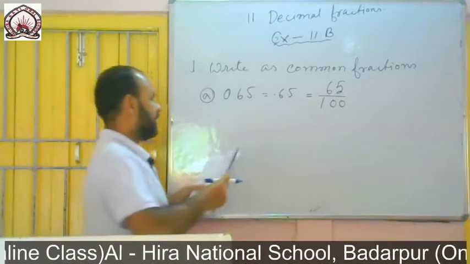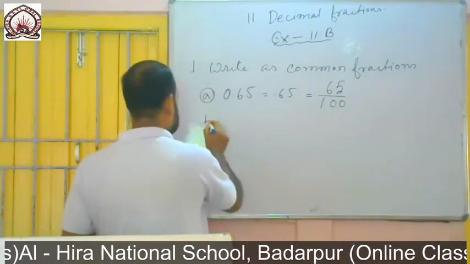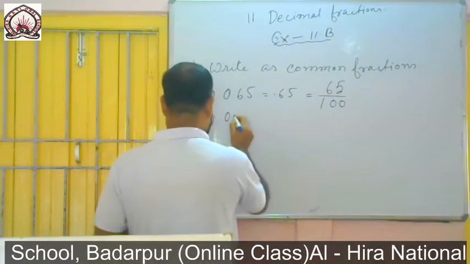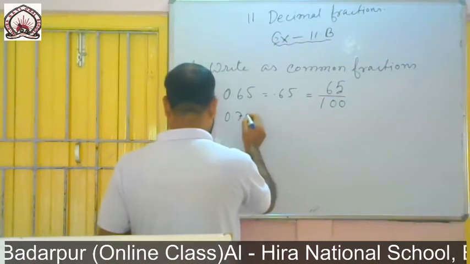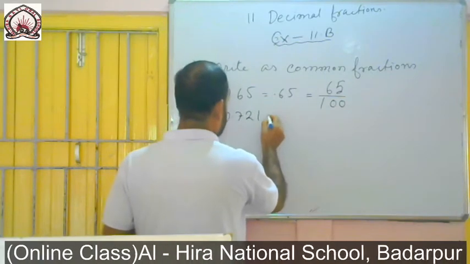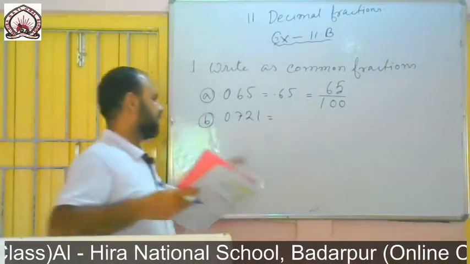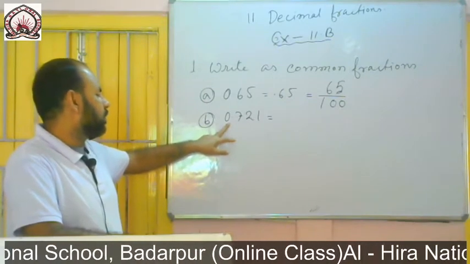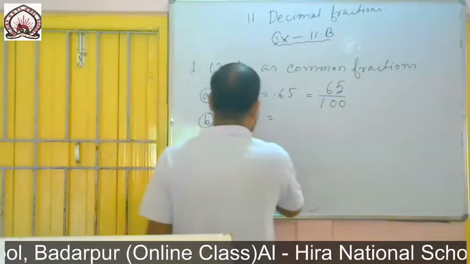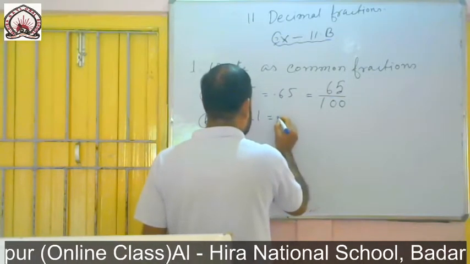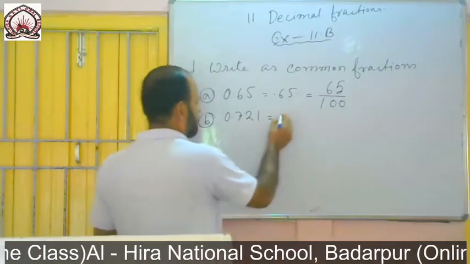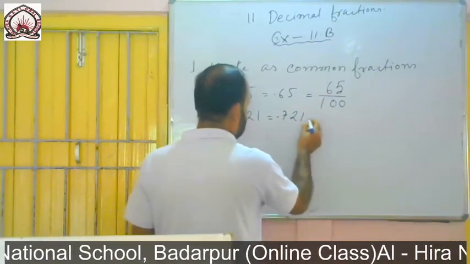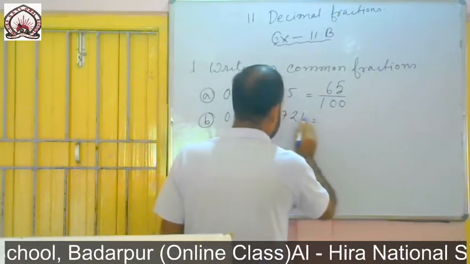Next, question number B. 0.721. Same, this 0 has no value, so we write without this 0, .721.